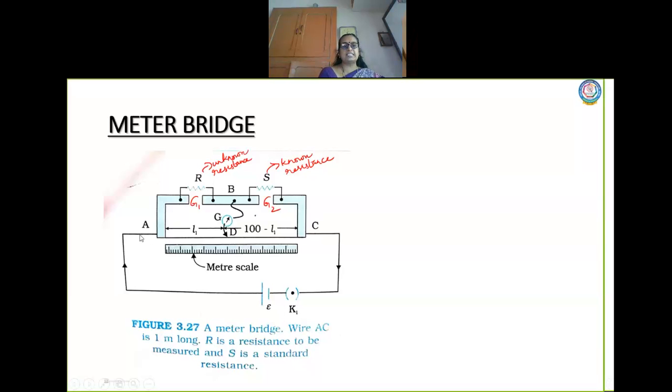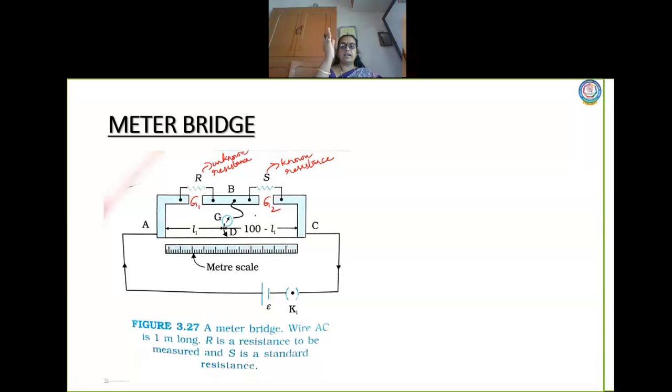Suppose the jockey is here, the galvanometer deflection, now this is the galvanometer, will be to the left side. Now you keep on moving the jockey along the wire, the deflection will start decreasing, and at a particular point, which is called D, the galvanometer will show zero deflection. In the sense, the galvanometer pointer needle will be pointing towards zero.